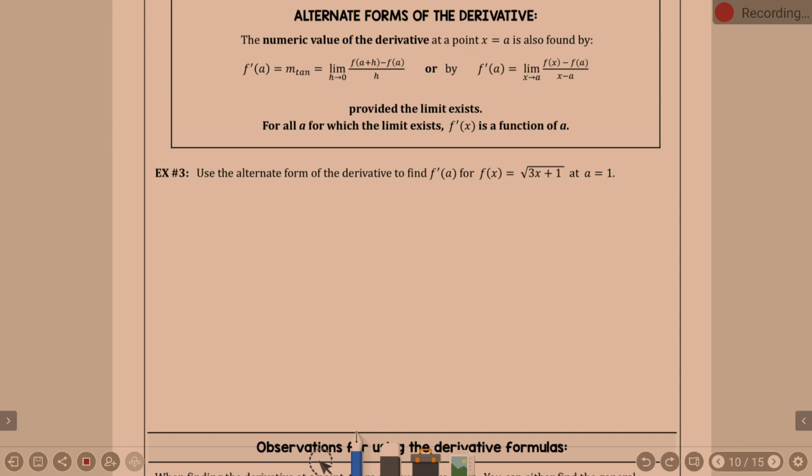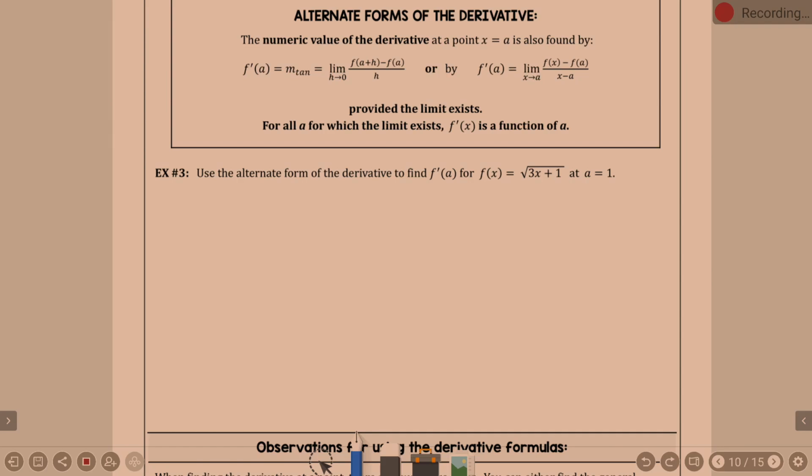This is just saying, if a is a number, instead of it being x, you have a number. So the derivative at a, you can do f of a plus h minus f of a all over h. Basically, you can plug in a number instead of x. You can also, like we did yesterday, wait till you get to the end and plug the number in.